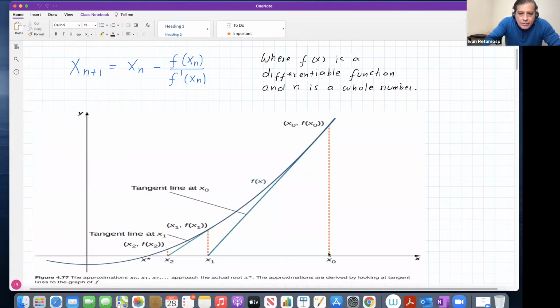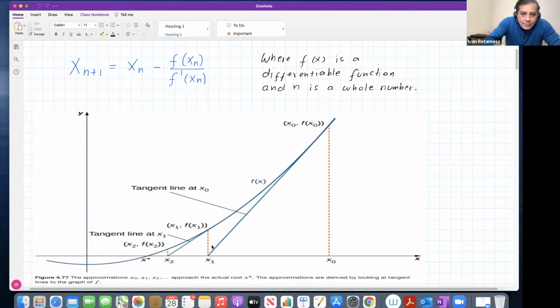Well, Newton figured out this. He said, start with a guess for the 0 of f of x. Let's say that guess is x0. Then raise a perpendicular at x0, meet the graph, at this point draw the tangent line, and pay attention to where the tangent line intersects the x-axis.